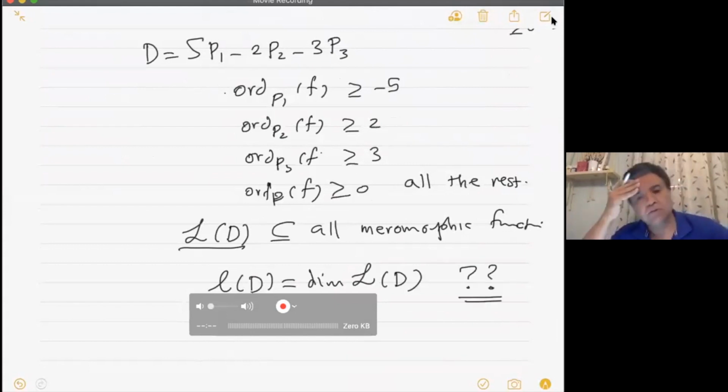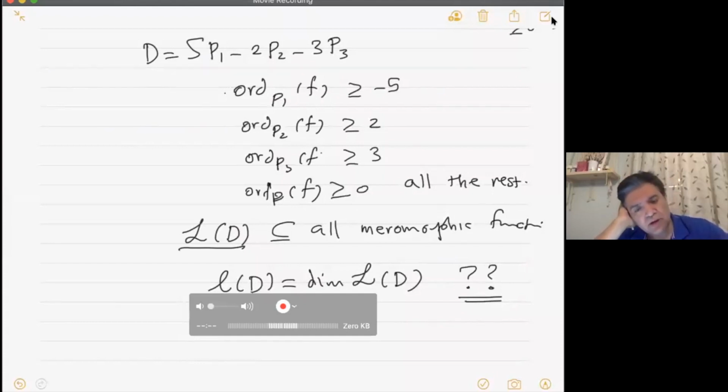So he wanted to find a formula that describes this dimension in terms of D. And he was not able to completely find this formula. Such a formula actually does not exist. You can compare L of D with another divisor, and there is a relation.